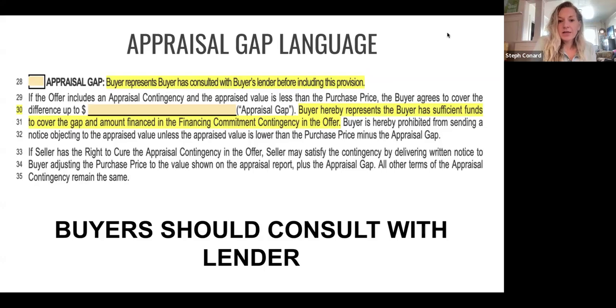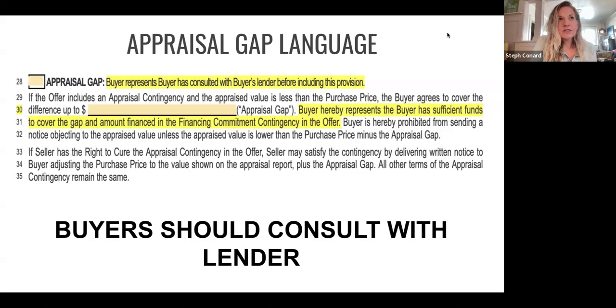And this is that appraisal gap number. So this could be, again, 5,000, this could be 10,000. If a buyer has $15,000 to spend and is willing to potentially cover a gap in appraisal up to that amount, you could do that.